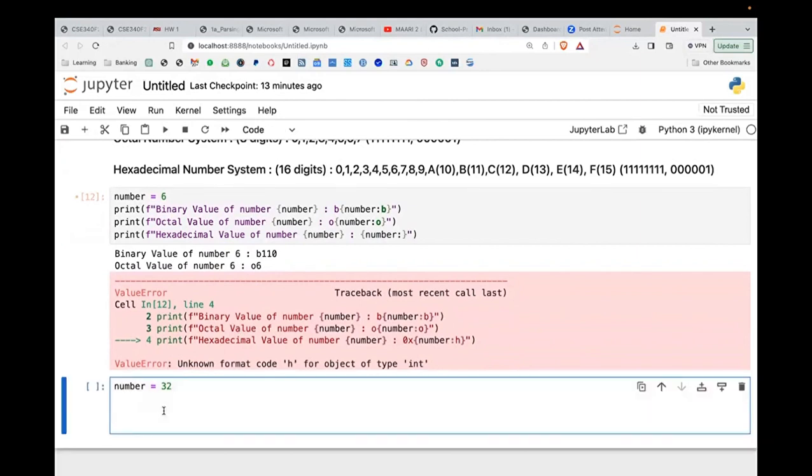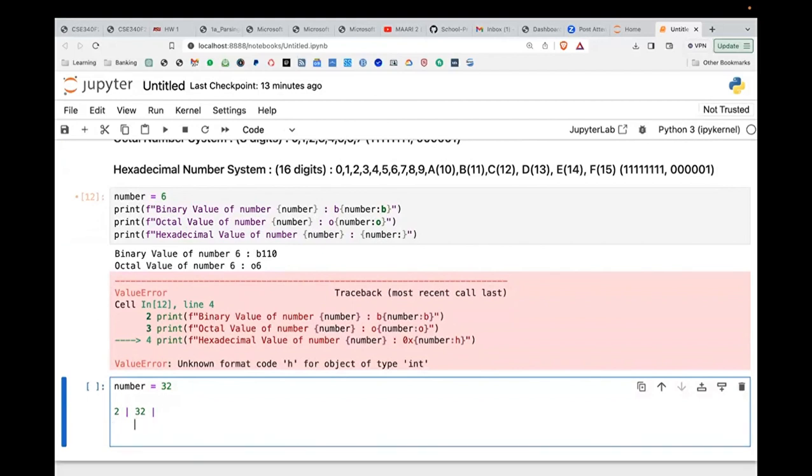We keep on dividing 32 by 2. When you divide 32 by 16, you get 0 as the remainder, right?